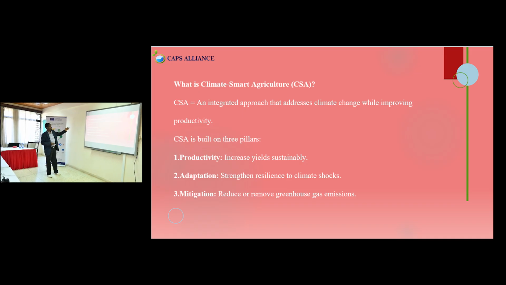What is climate smart agriculture? It is something that we have been defining all along. I don't know whether we are going to get tired of it, but we are saying it includes productivity, which increases yields, adaptation, and mitigation. Adaptation strengthens resilience, and mitigation reduces greenhouse gases and emissions. Next.